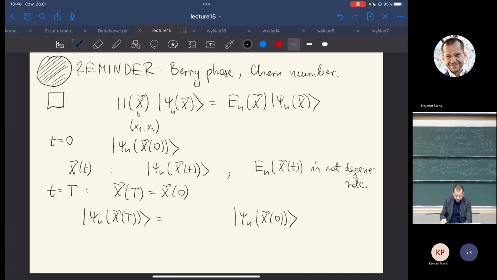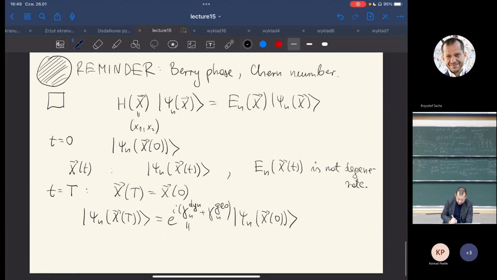But this is not the end of the story, because what can change? The phase of this state can change. And there are actually two contributions to the phase. There is a dynamical contribution, and there is something which we will call the geometrical contribution.